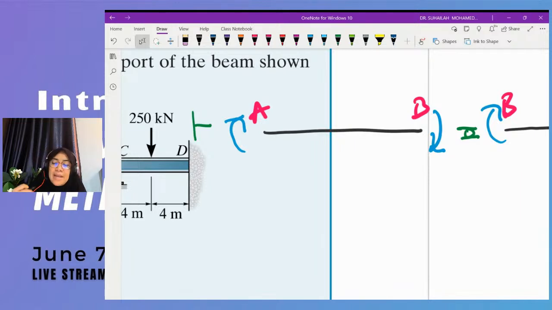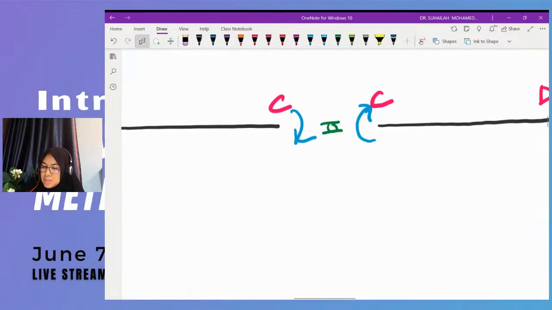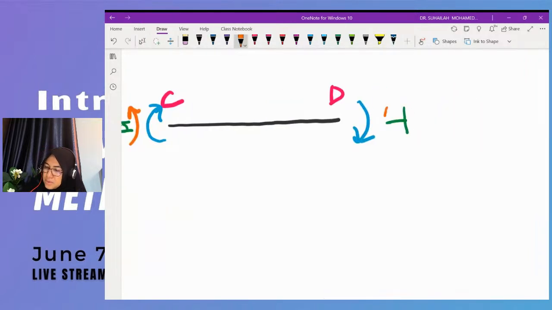So at joint A, the joint moment is opposite. At joint B, we will have opposite. This is also opposite.